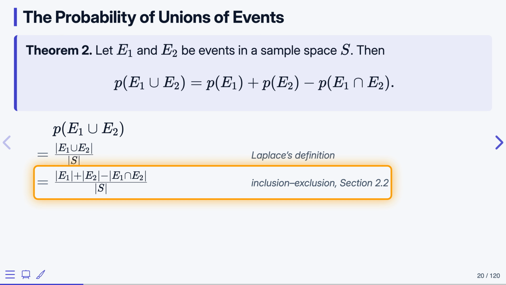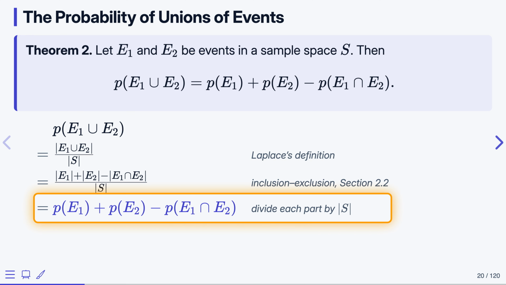Add the two sizes, then subtract the size of the overlap. We subtract because the outcomes in both sets were counted twice. Finally, divide each of the three parts by the size of S. Each part turns into a probability. So the probability of E1 or E2 is P of E1 plus P of E2 minus P of both.